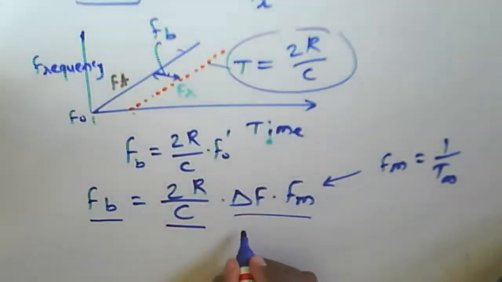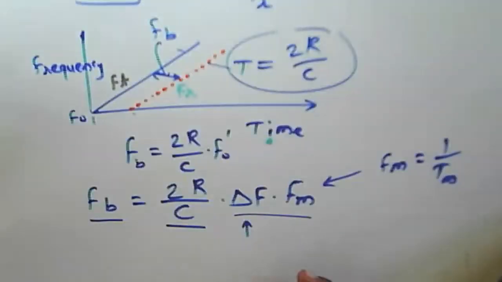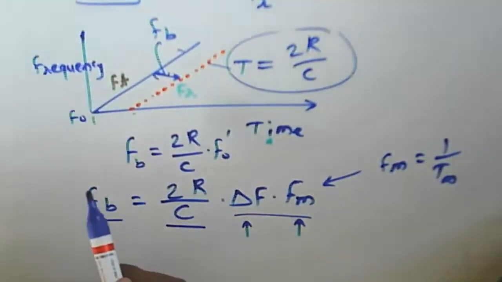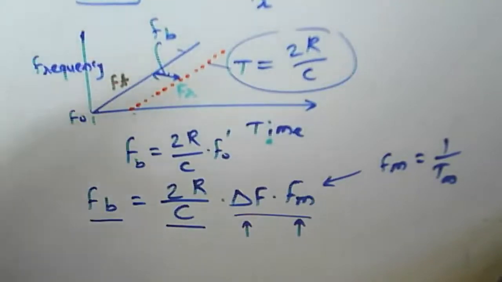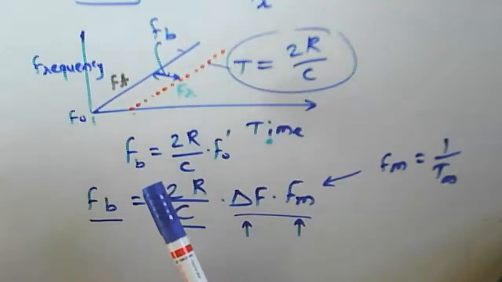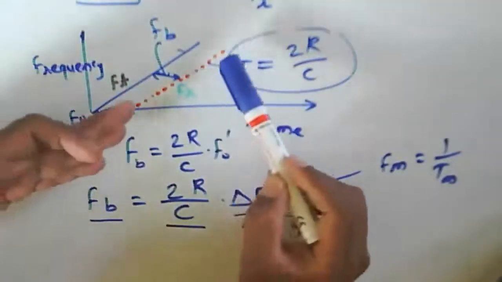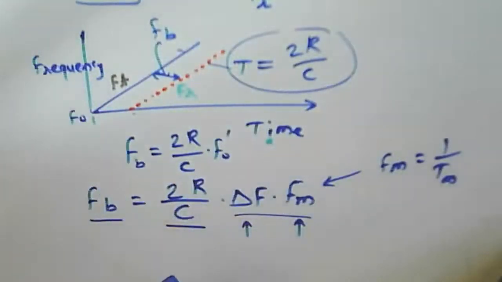This one is the difference or deviation in the frequency, and this one is the modulation period or modulation frequency, and that is nothing but the beat frequency. So from the observation, we are supposed to see the transmitting signal and get the receiving signal, that is the equation.